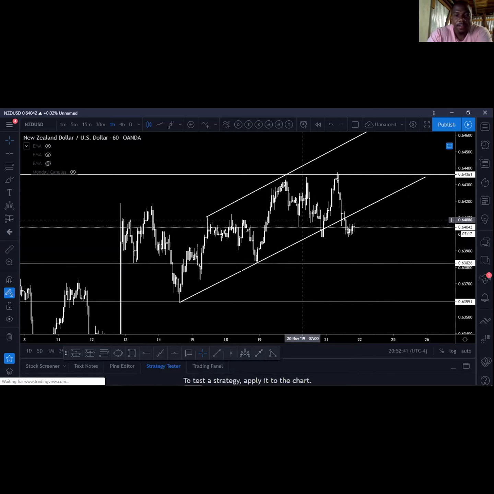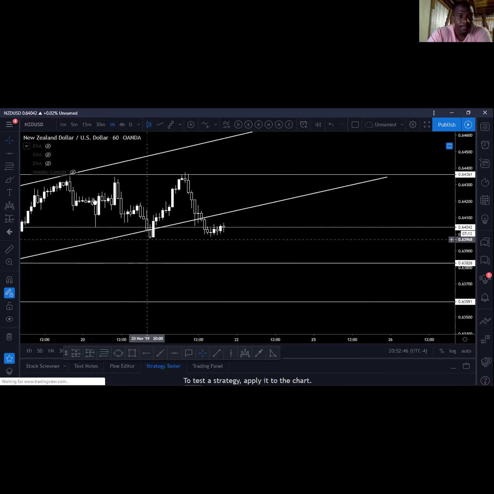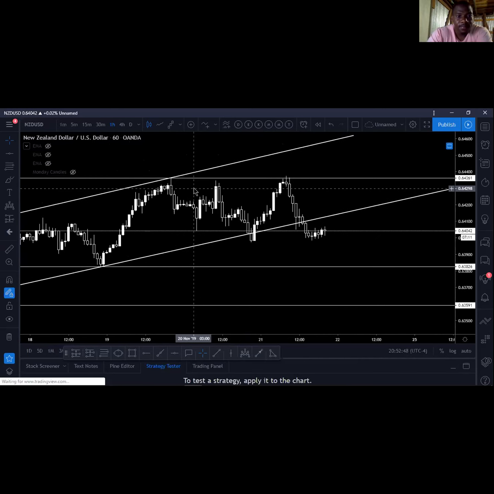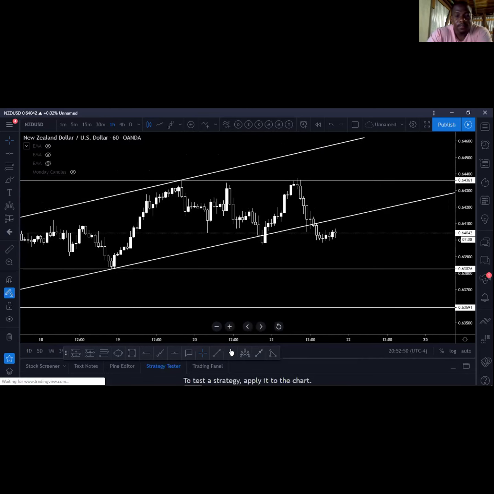So merging the two together, you will have a candle to the right. Let me just zoom in. So let me say this candle right here.